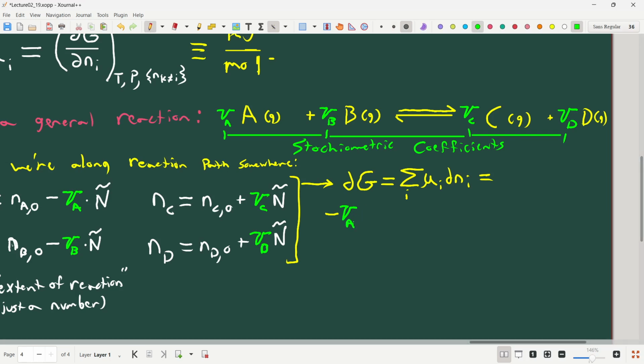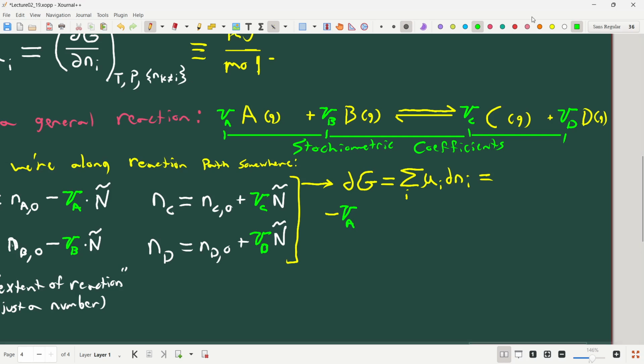And remember the process of this reaction is every time we click, we lose A and we lose B, so I'm going to put a negative sign in front of them. Every time we click, the energy changes, and that means that A and B are disappearing and C and D are forming. So we've got to have opposite signs for A, B and C, D. We lose A and B, there'd be minus potential. We're going to get a gain of potential along C, D, or vice versa. So they have to have flipped signs.